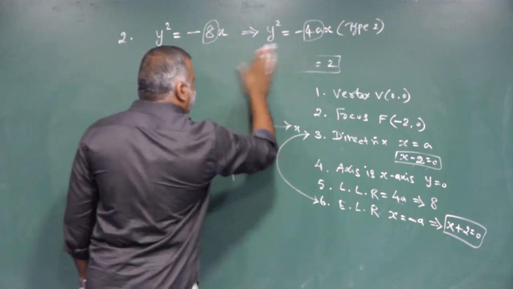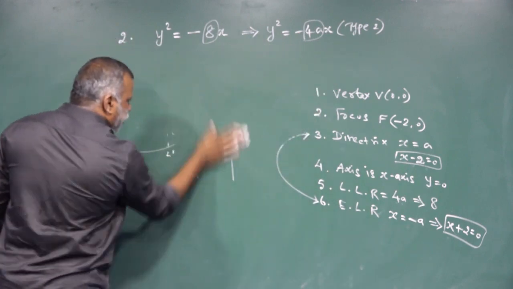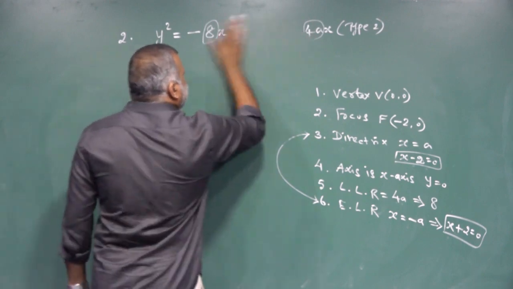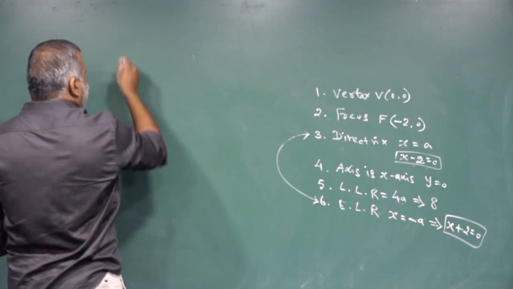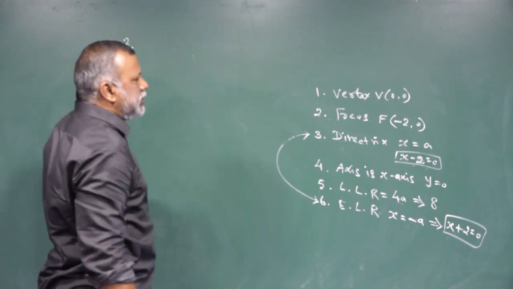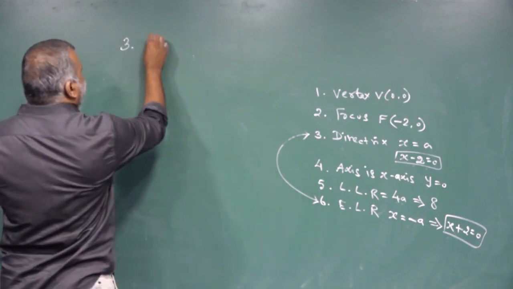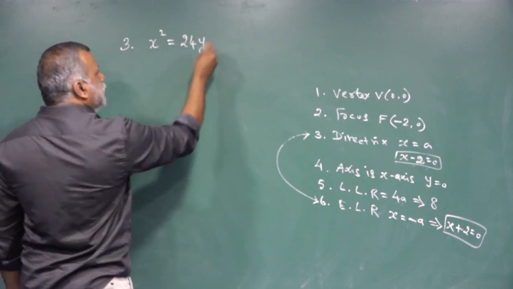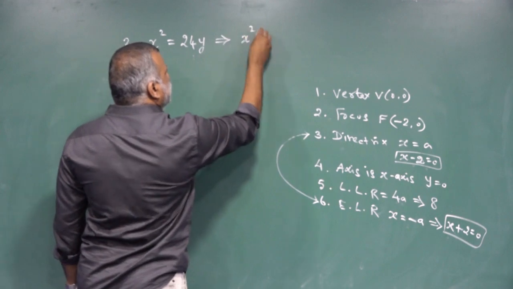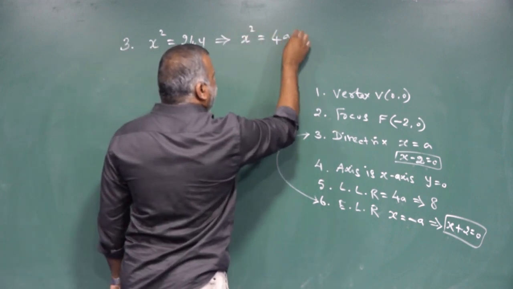In the same model, we are going to work out one more question, that is question number 3. Listen, the same concept. X squared equal to 24y. See this one, compare with x squared equal to 4ay.